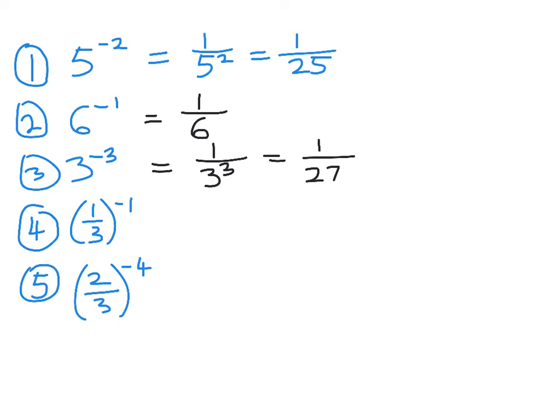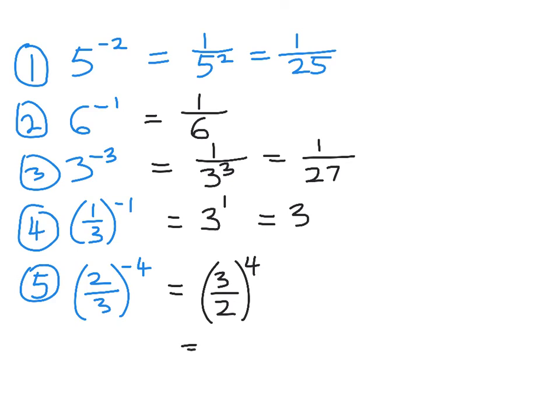Now 1/3 to the power of negative 1 is equal to the reciprocal of 1/3, which is just 3 to the power of positive 1, which leaves us with 3. 2/3 to the power of negative 4 is equal to the reciprocal of 2/3, 3 over 2 to the power of 4.